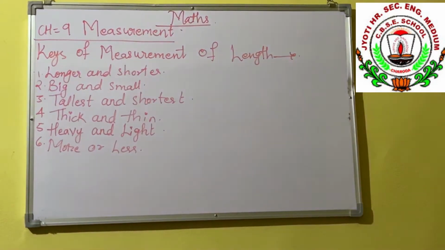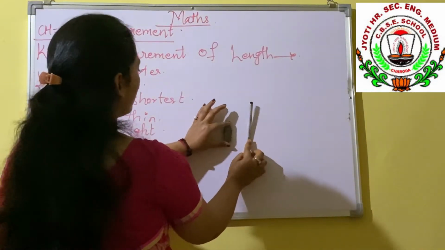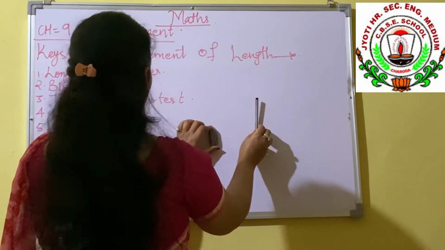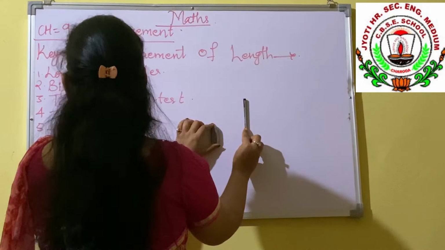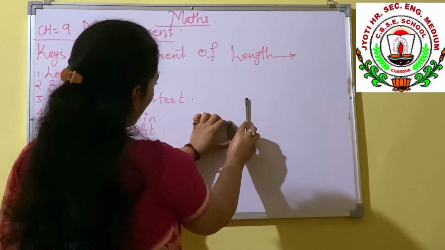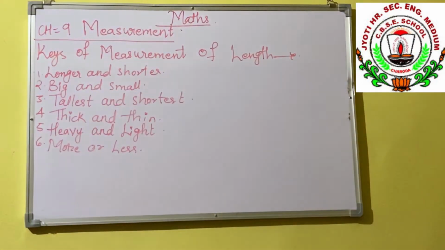Now next one. If I am having this pencil and this rubber, this one is taller and this rubber is shorter. Taller means lamba and shorter means chota. Like this only, students, we can identify things.